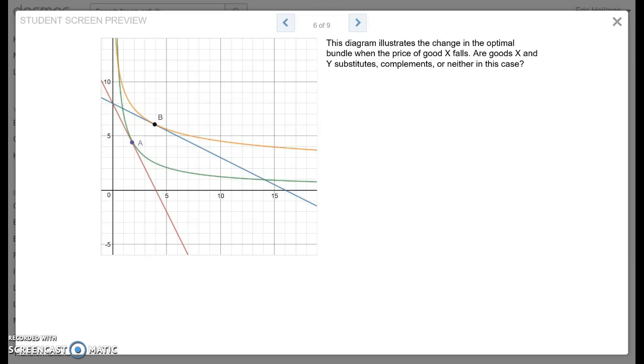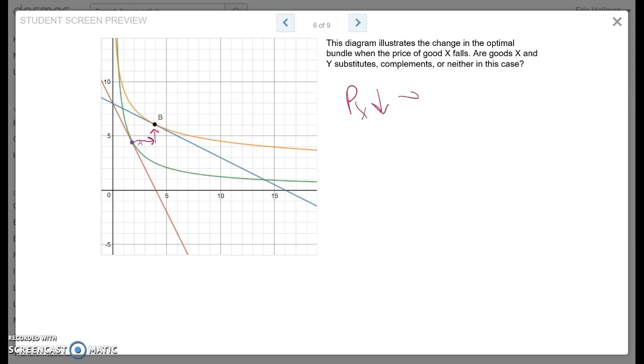Okay, so let's look at what happened here. When the price of X went down, we ended up consuming more of good X and more of good Y. So that means that these two goods are complements.